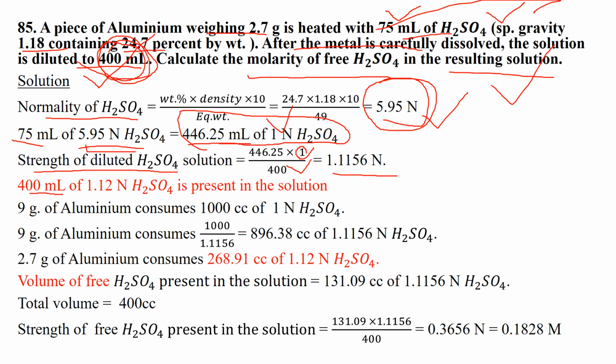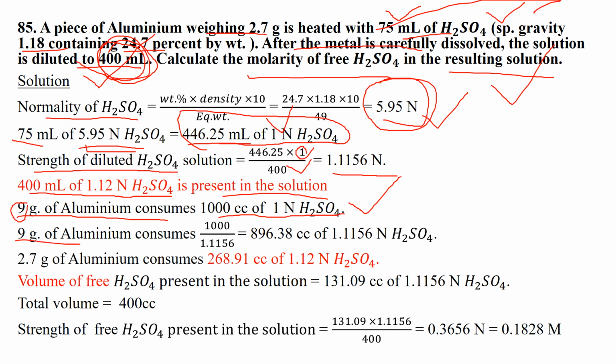Now 400 ml of 1.1156 normal H2SO4 is present in the solution, right? Now 9 gram of aluminum consumes 1000 cc of 1N H2SO4 based upon the concept of equivalent weight. 9 is the equivalent weight of aluminum, so it will consume 1000 cc of 1N H2SO4.